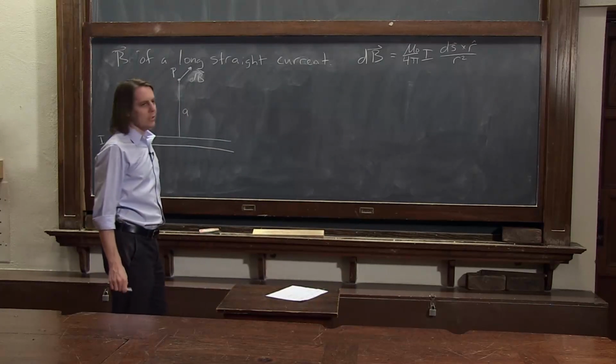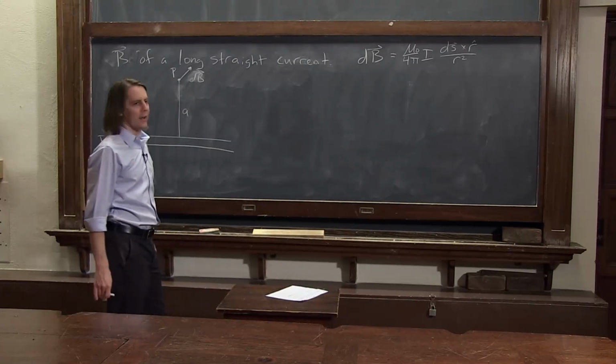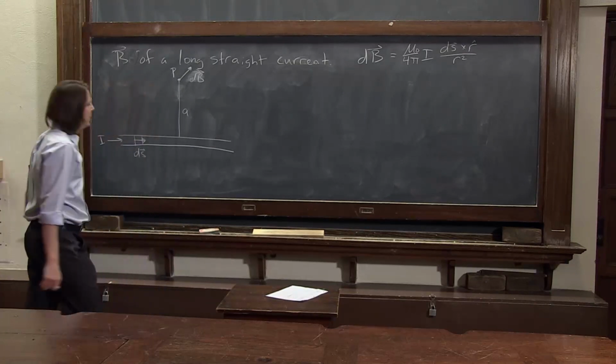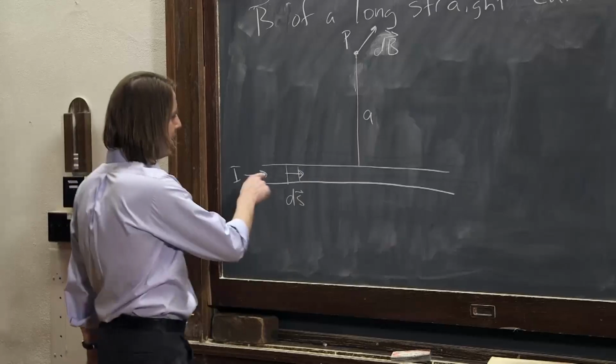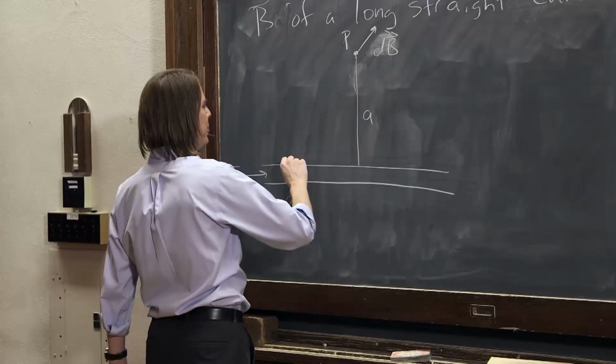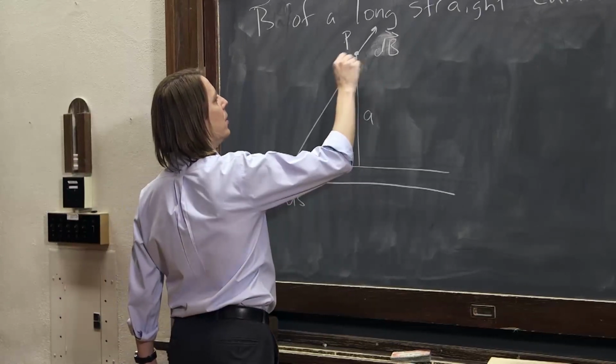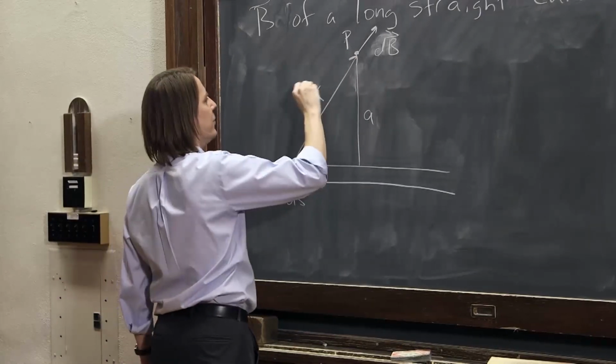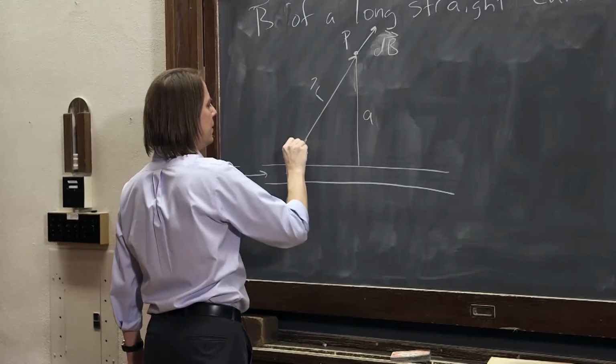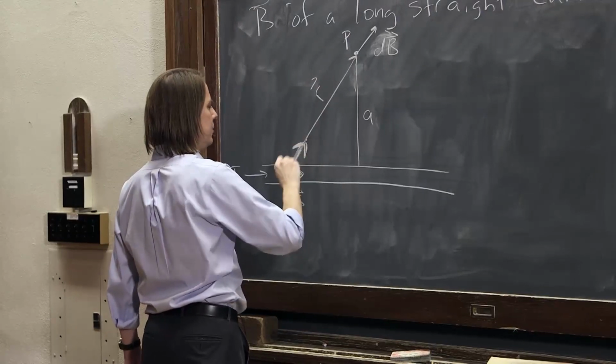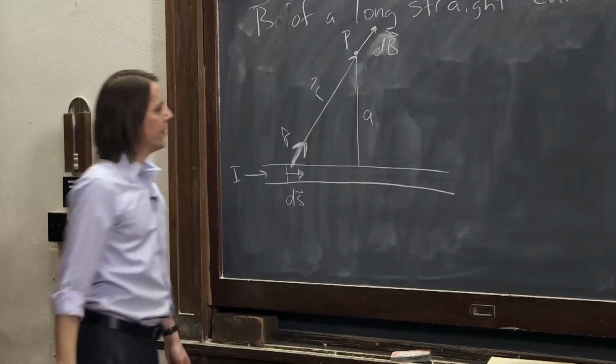So now we got to deal with ds cross r hat. Okay. What in the heck is that? Well, let's see. So here's the vector ds. The vector r hat, remember we think of a vector r from the ds to the point P. So there's r. So therefore that is r hat. Okay.